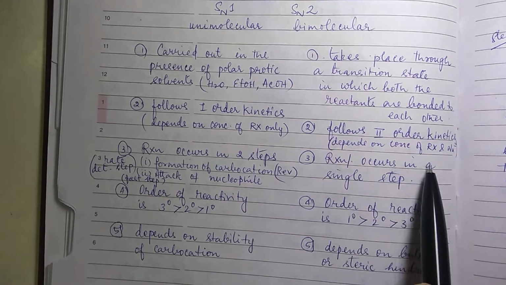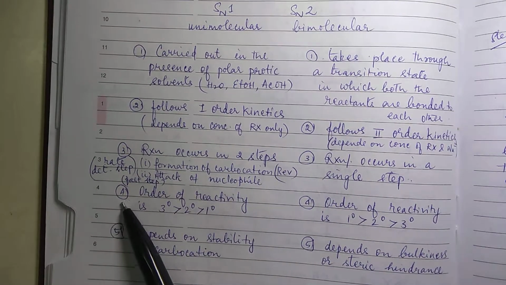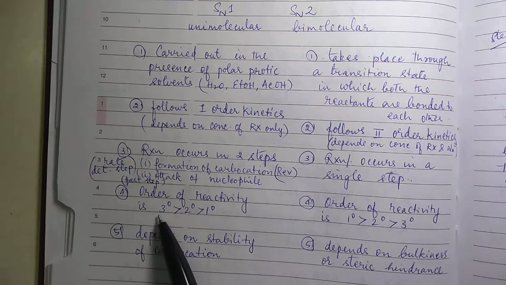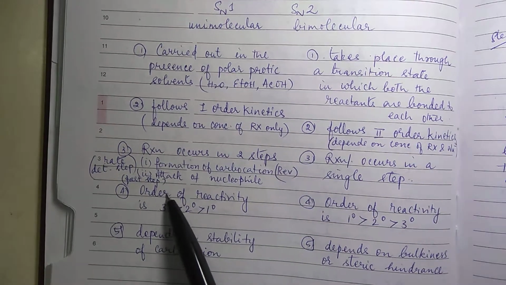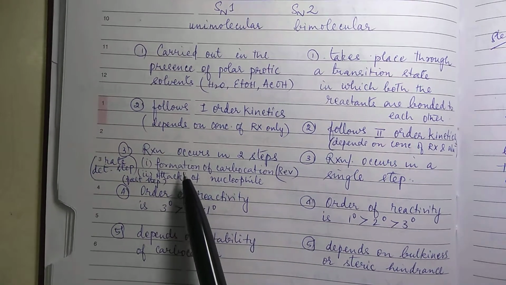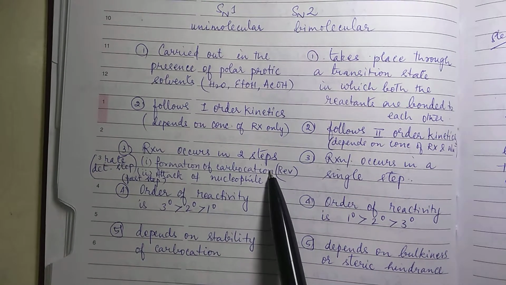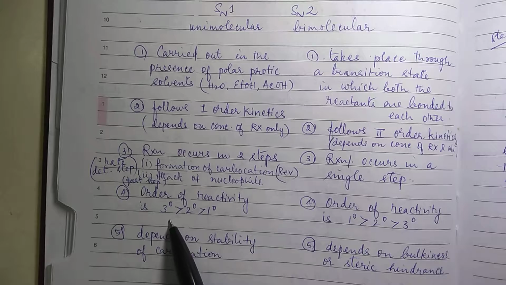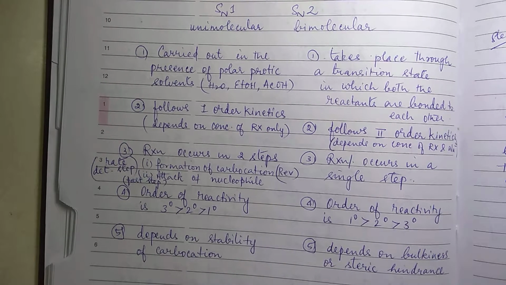And here in SN2 it occurs in a single step, just now I showed you. Then in SN1 reaction, the order of reactivity is tertiary greater than secondary greater than primary. Why is tertiary having the highest reactivity? Because in formation of carbocation, you know very well that tertiary carbocation is more stable. That is why tertiary alkyl halide will show SN1 reactivity to maximum extent, right?